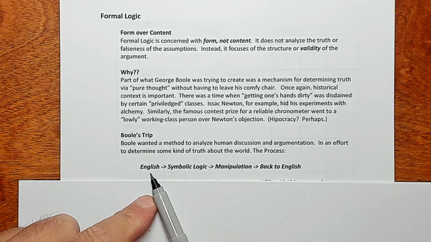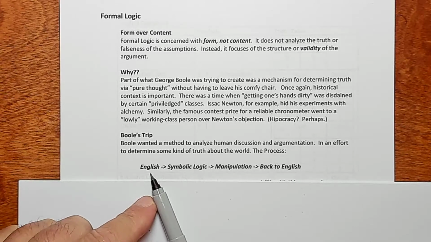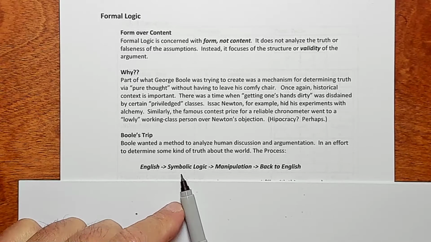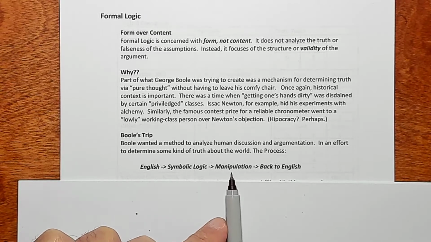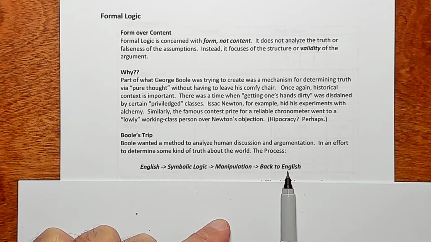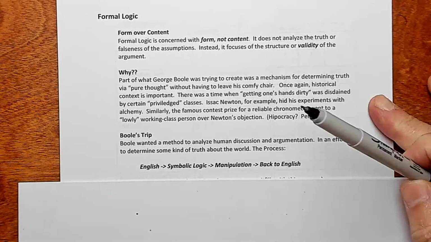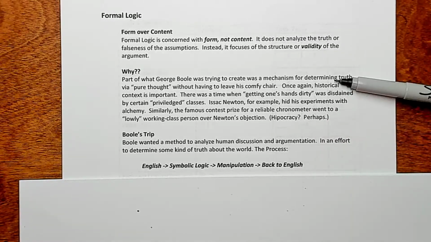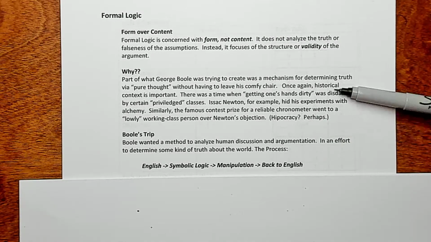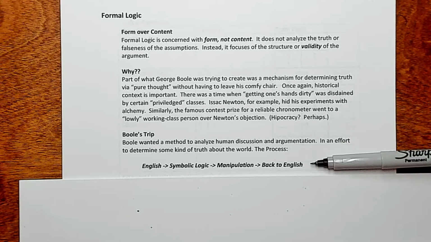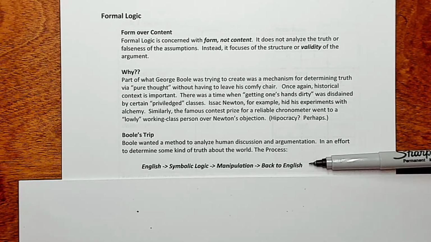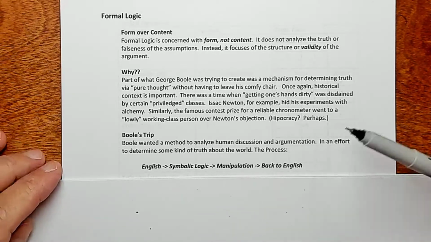He wanted to take English, like go to the local pub and sit down with people and just start jabbering, and then turn that into symbolic logic. And then you could do basically math on that stuff. You could do what's called Boolean algebra. And in the end, you could turn that back to English. He was thinking that we could understand what people are saying, number one, and perhaps we could arrive at some other kinds of truths by doing this kind of thing.